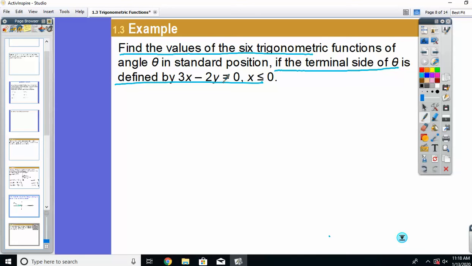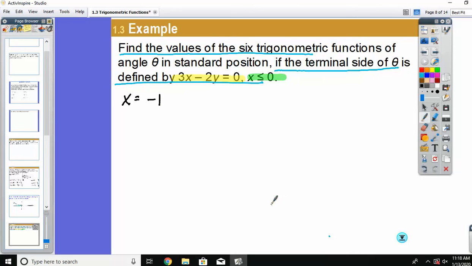In order for that to work, I need an X value, a Y value, and an R value. I can pick any X and Y I want as long as it will meet these requirements. It has to, 3x minus 2y has to equal 0, and this has to be less than 0. So let's start with x. Give me an x value that's less than 0.